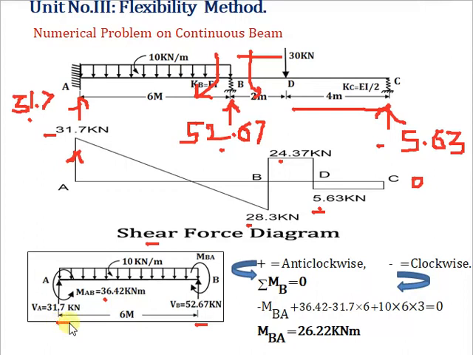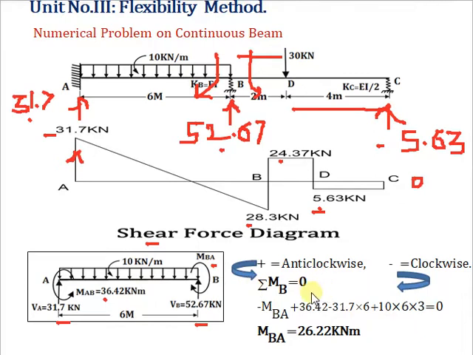Shear force is 31.7 kilonewton upward, and at B 52.67 kilonewton up, and the moment will be in a clockwise direction. Let us assume it is MBA; we don't know its value.